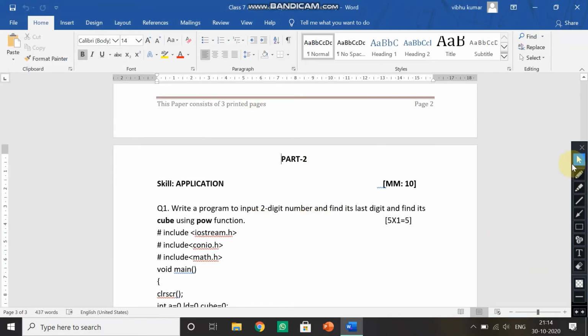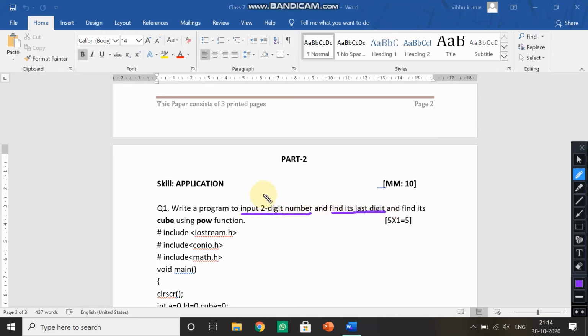Now children, let us discuss part 2, skill application. Here the question was: write a program to input a 2-digit number. So what you had to enter? A 2-digit number, and find its last digit.